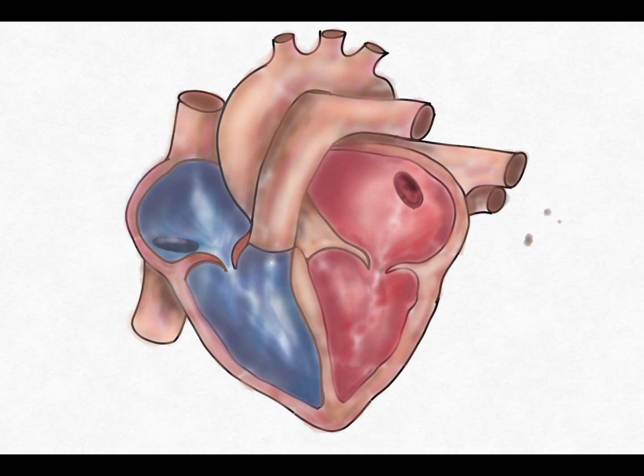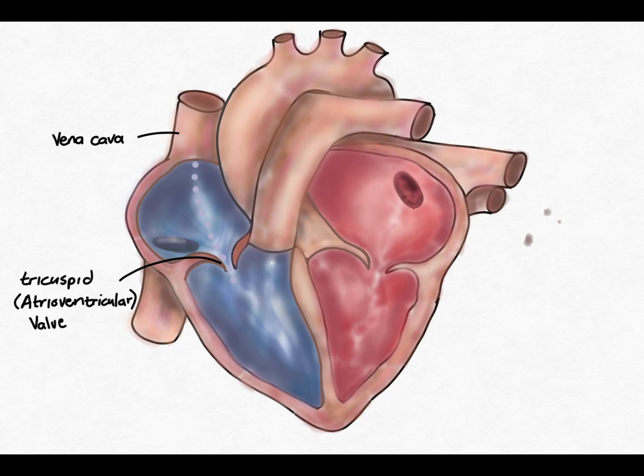Now we can move to the inside of our heart. So this is how it would look if we cut the heart open. So here we can see our vena cava. Now blood will flow through our vena cava into the right atrium of the heart. It will then pass through a tricuspid valve, otherwise known as our atrioventricular valve.